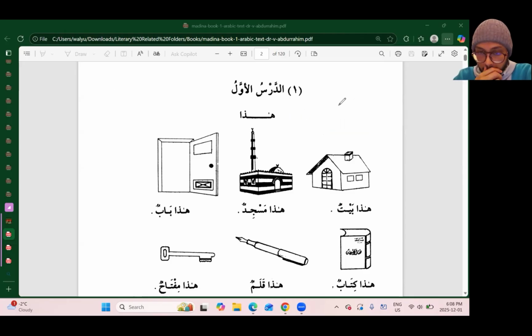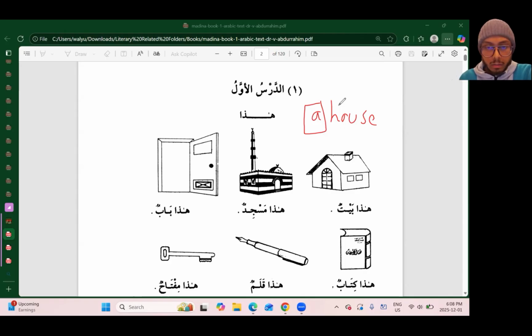Why does it matter? Well, remember we said that baytun translates to a house. The tanween essentially is equivalent to "a," right? It's not the house, it's a house. It's any house, it's random, it's a house, right? This is a masjid, this is a door, this is a pen, this is a phone.